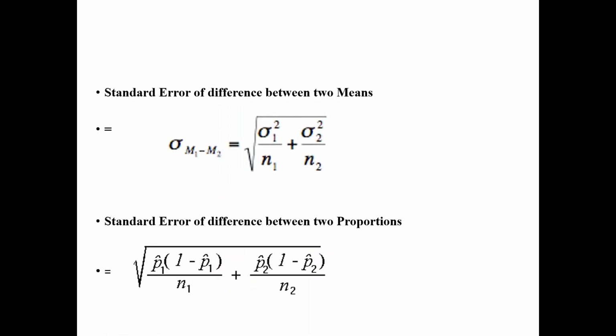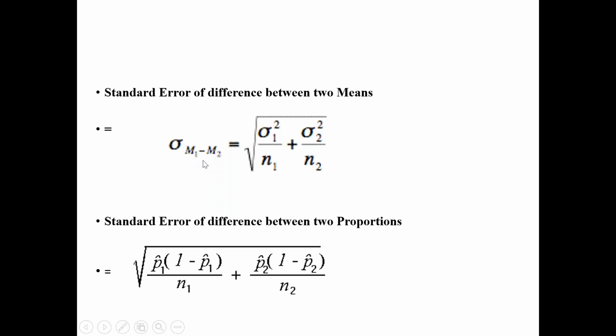So similarly, there are two other standard errors. If I am having two different means, and I'm trying to find out the standard error of the difference between the means, mean 1 and mean 2, then this formula is used.